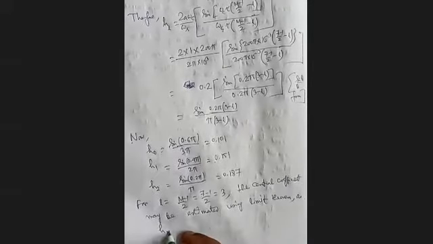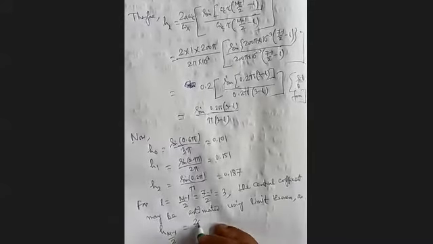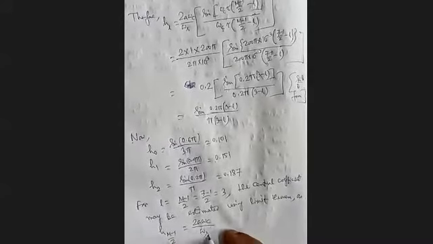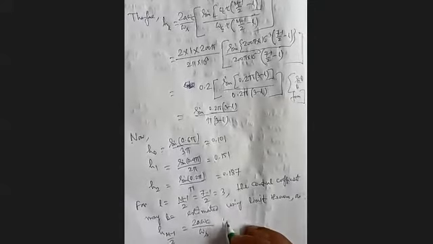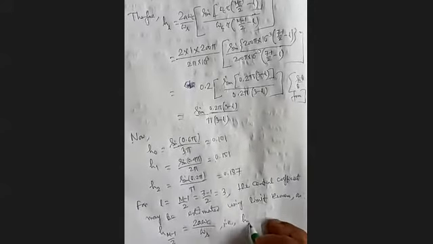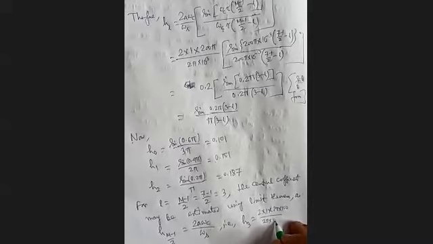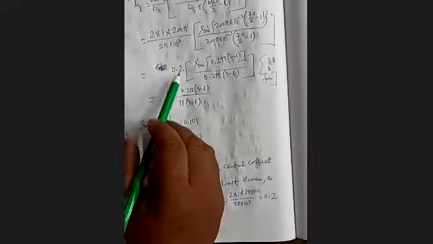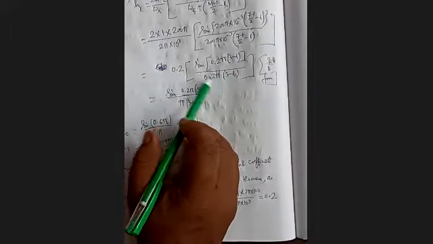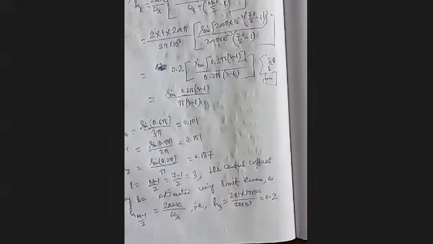As h m minus 1 by 2 equal to 2a omega c by omega s, that is h3 equal to 2 into 1 into 2 pi into 100 by 2 pi into 10 to the power 3, equal to 0.2. This 0.2 we already got earlier in the sin theta by theta form, so directly we could write it. Clear?